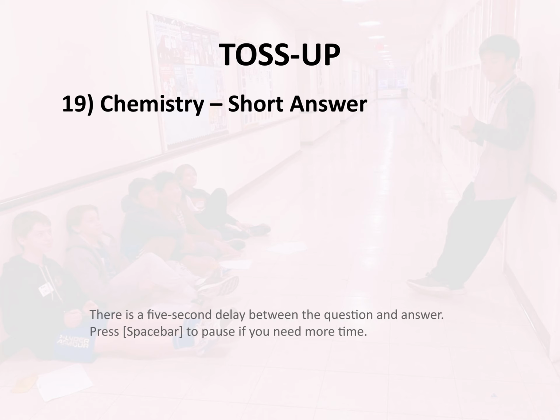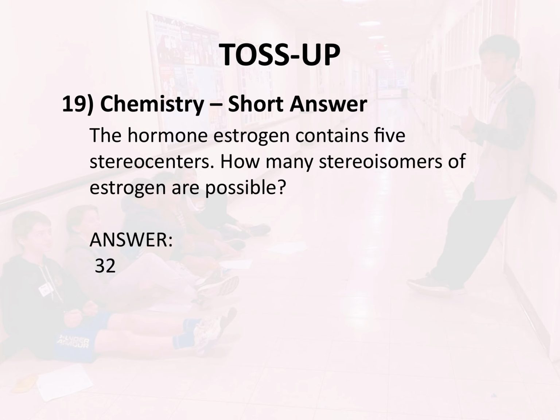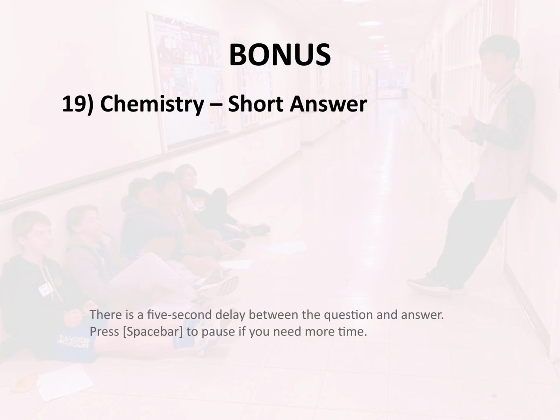Toss-up 19. Chemistry, short answer. The hormone estrogen contains 5 stereocenters. How many stereoisomers of estrogen are possible? Answer: 32. Bonus 19.